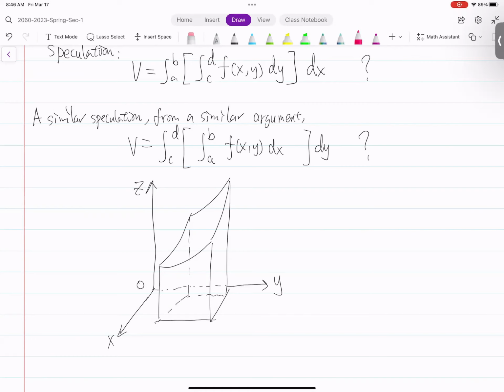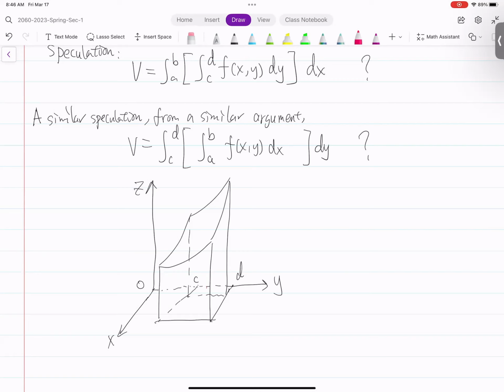And now we have c and d. Here we're doing these planes that are perpendicular to the y-axis.